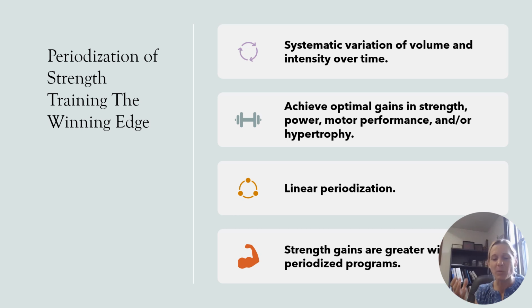And we need to have changes in focus, changes in exercise over time. We don't want to just do the same workout over and over and over. We have to change something in order to elicit change within the body. So systematic variation in volume and intensity over time is going to allow us to keep the body guessing so that we are able to challenge the body appropriately.